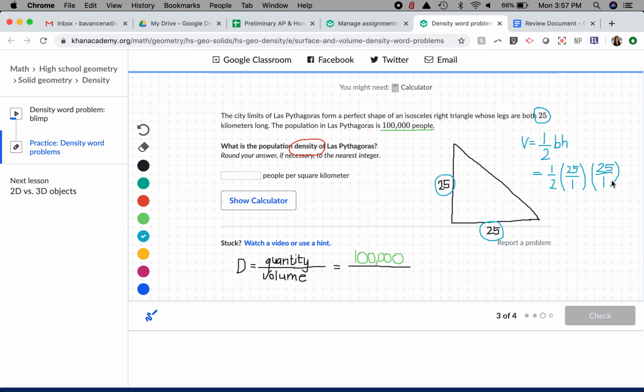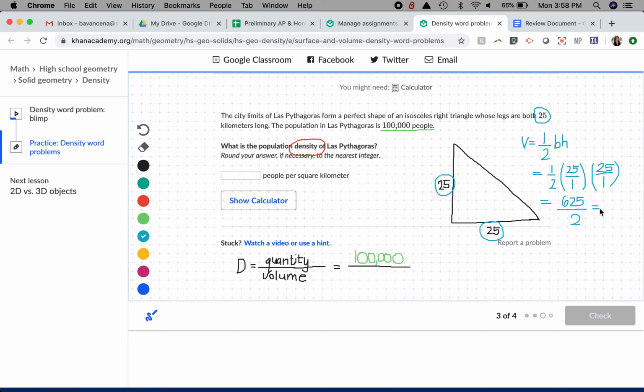So let's figure out what goes in the numerator first. 1 times 25 times 25 is going to give us 625. And in the denominator, we're going to have 2 times 1 times 1, which is simply 2.